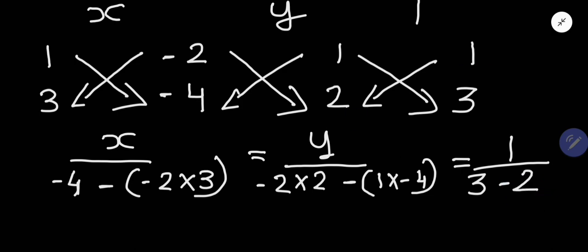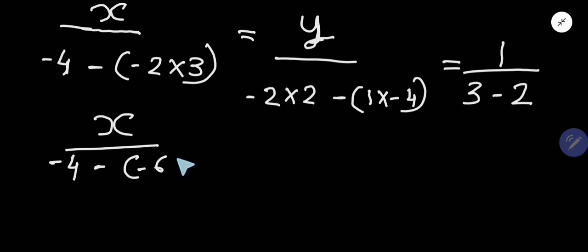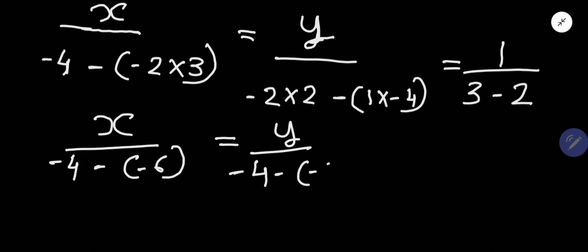So here, x over minus 4 minus 2 into 3, which is minus 6, is equal to y upon minus 4 minus minus 4, is equal to 1 upon 3 minus 2, which is 1.